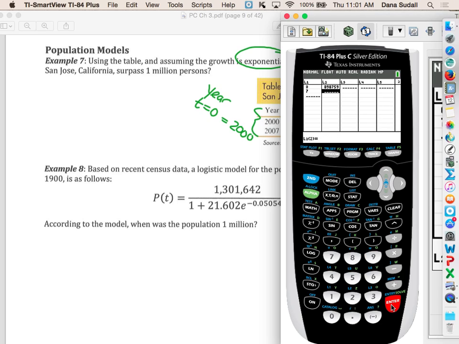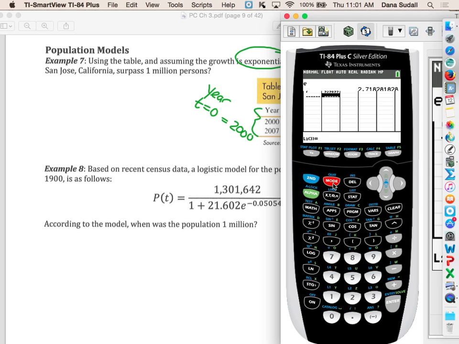Right, and then the second one there is 939,899. All right, I think I got it now. Yes. All right. So when we have that, they want us to come up with an exponential function.